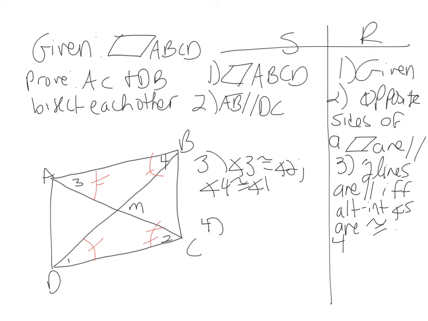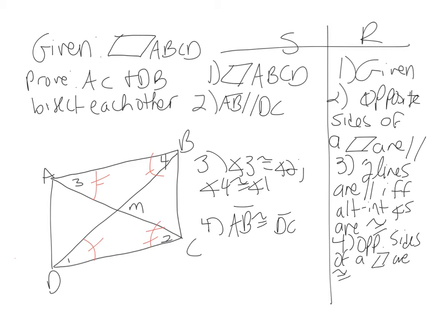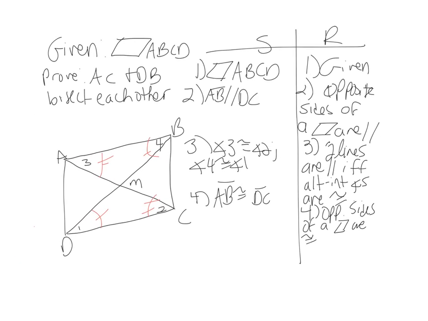Because I know this is a parallelogram, I also know that AB is congruent to DC because opposite sides of a parallelogram are congruent. So I know that these two sides are equal.